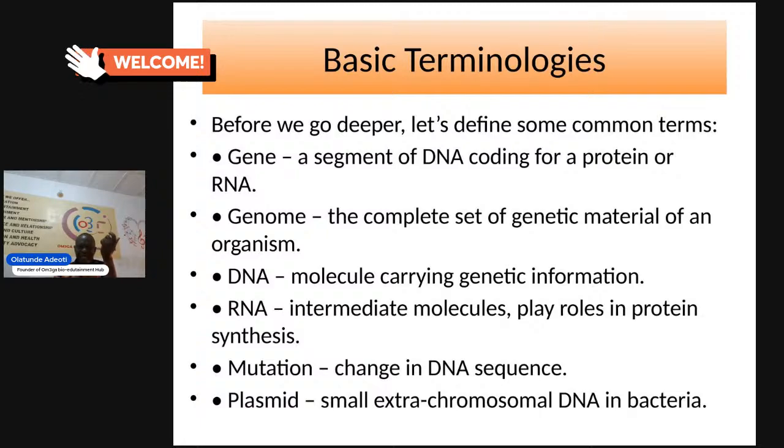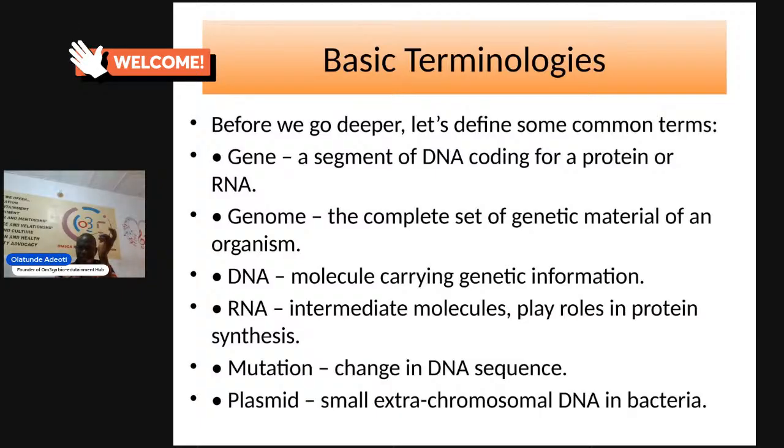That's why RNA is ribonucleic acid. Then mutation, which we will also talk about in this course, is a sudden change in the DNA sequence, or what we can call the genetic sequence.